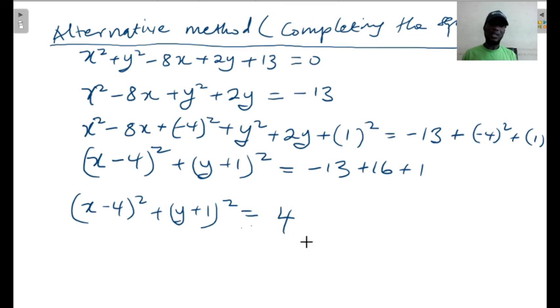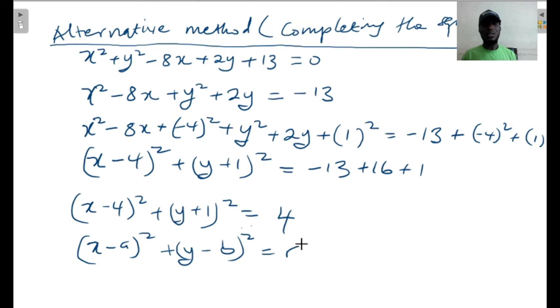And now we have been able to express our general equation in the standard form, which is in the form x minus a all squared plus y minus b all squared equals r squared.